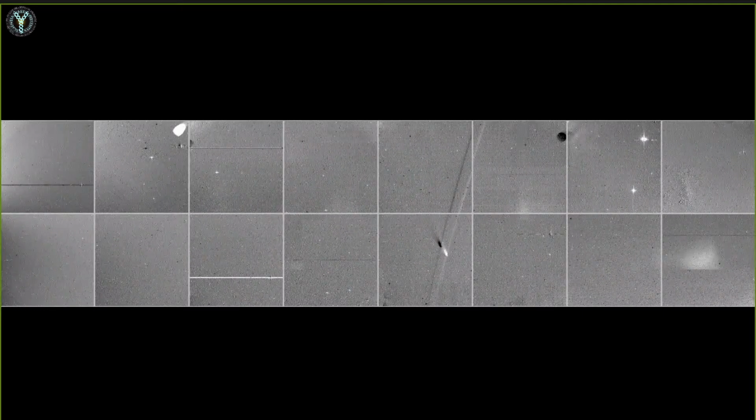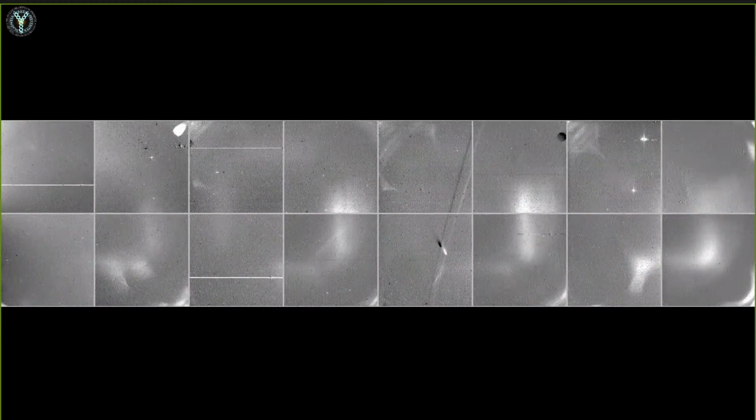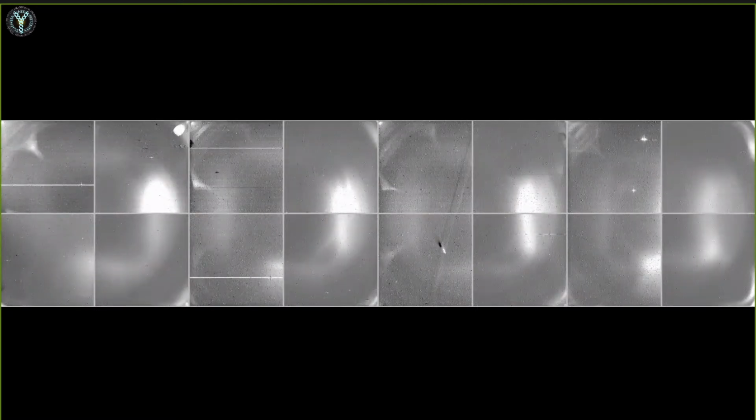And this type of frames can be derived quite easily, or more or less easily, if you download everything. You can identify the stray light also. So these are the typical stray light structures using the cameras. And in these frames, the stray light is very, very prominent, and then a little bit later on, it disappears.